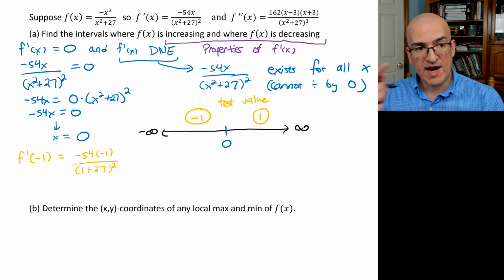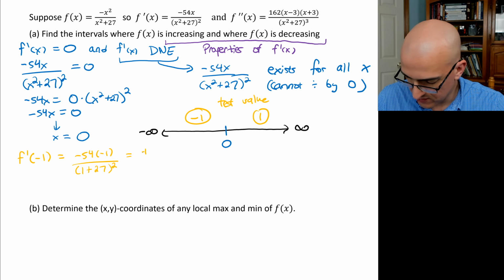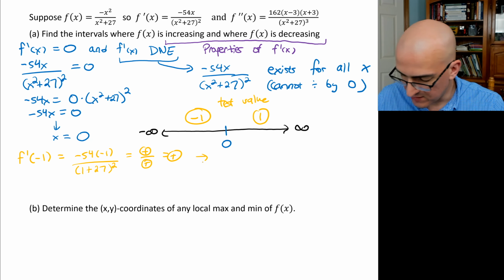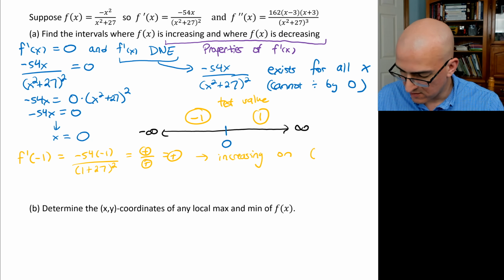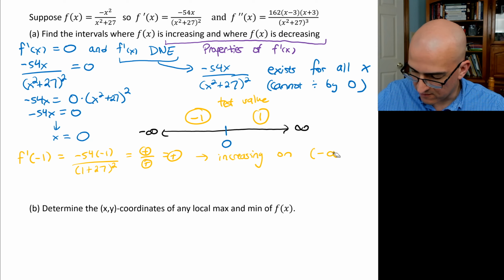We have negative times negative, so positive upstairs, positive downstairs. So positive over positive is positive, and that means it is increasing on the interval from negative infinity to 0.